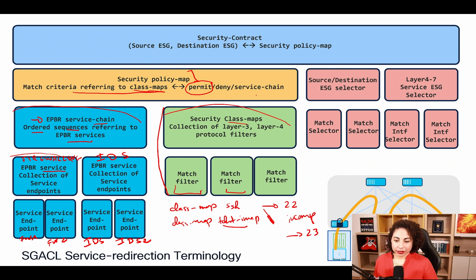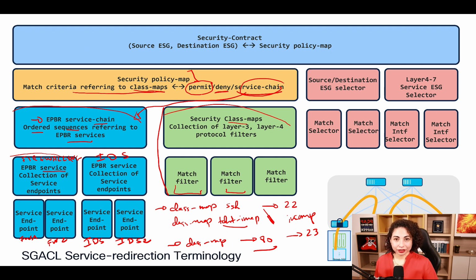Then we create another entry in the policy map to say, if we are matching the class map SSH, in that case we want to steer it through a service chain, the one that we have defined there, obviously. And finally, we can create another class map, I don't know, HTTP, so towards 80, and say if we are matching this class map, then I want to deny. So this is what we are doing with the security policy map.